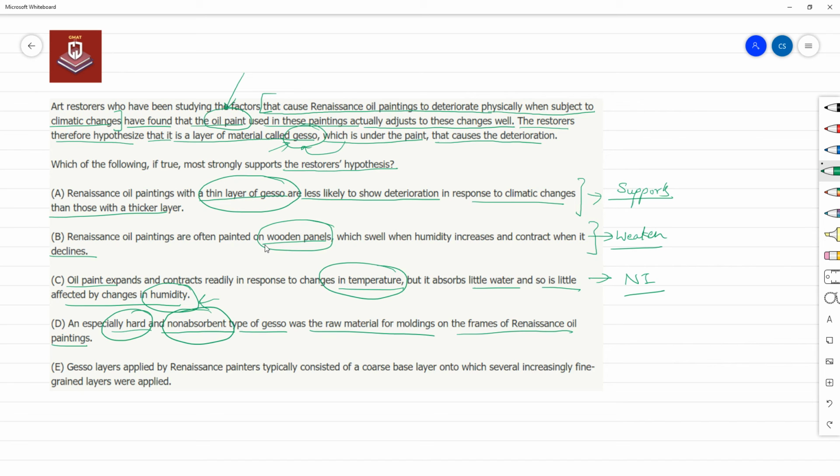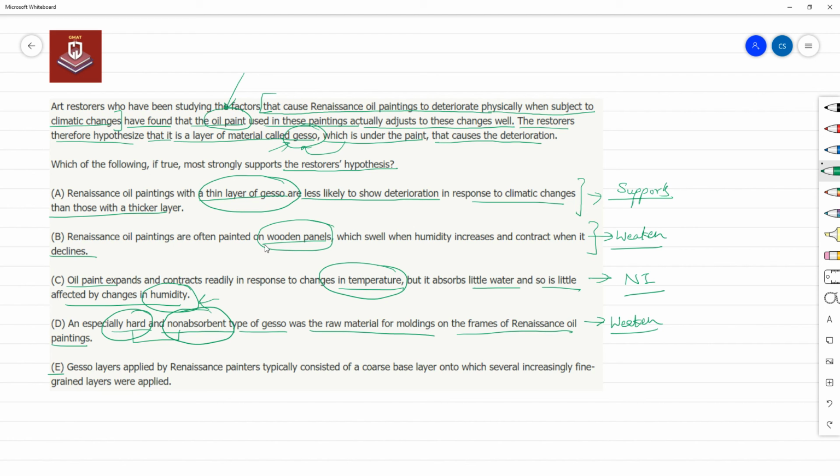It can adjust to changes because it's not going to get impacted. This actually goes against the argument, right? That it is the gesso that is causing the deterioration. If this is the kind of material that gesso is, then probably it's not leading to deterioration.